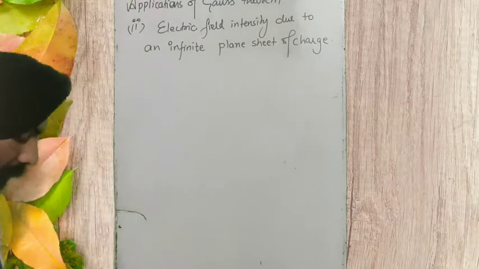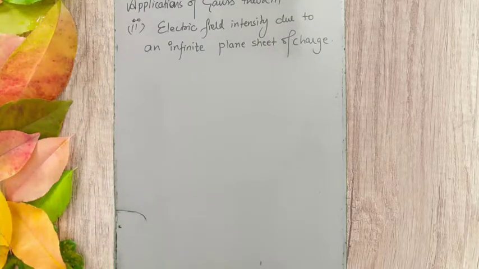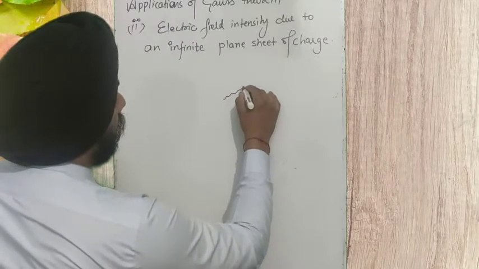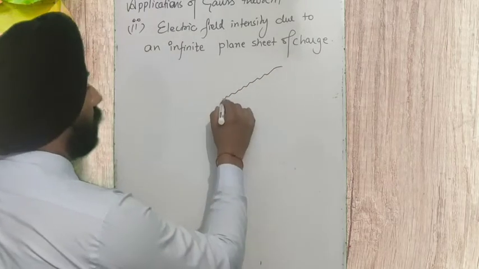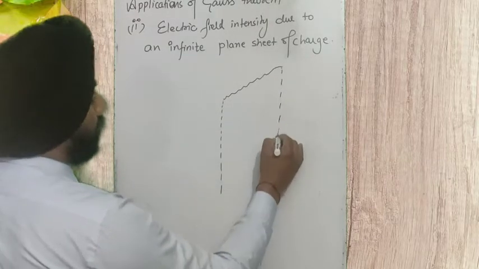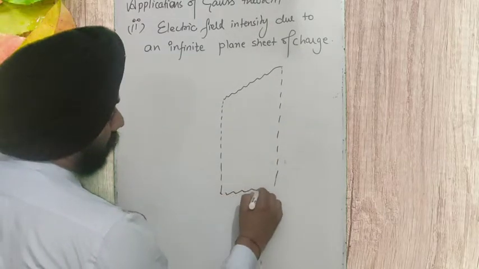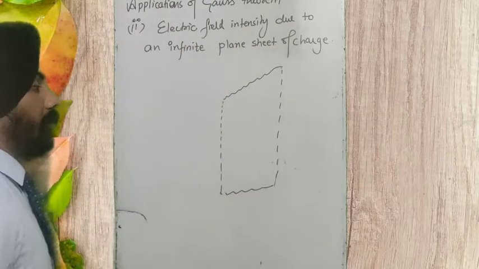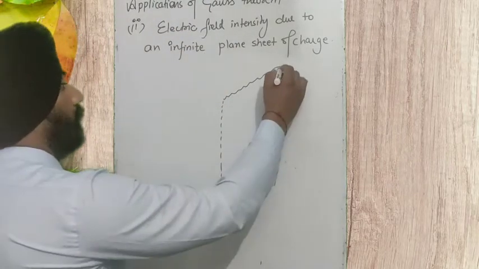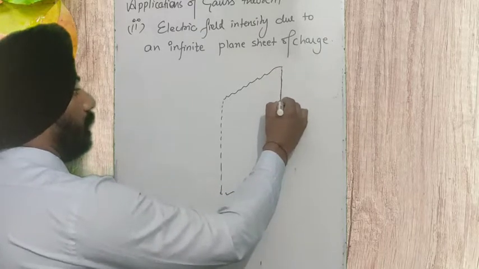Now we have another distribution of charge, that is a plain sheet of charge. I am going to make a figure. This is an infinite sheet, so I am making it a little zigzag. It shows that it is an infinite extension of that sheet, and we have given positive charge to this sheet.